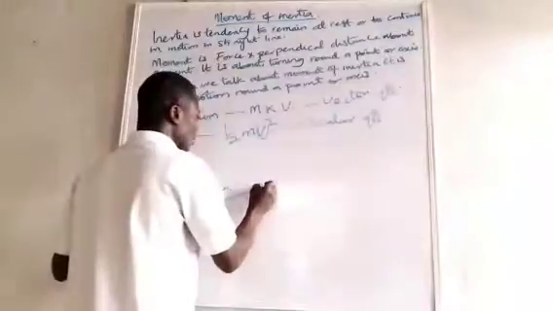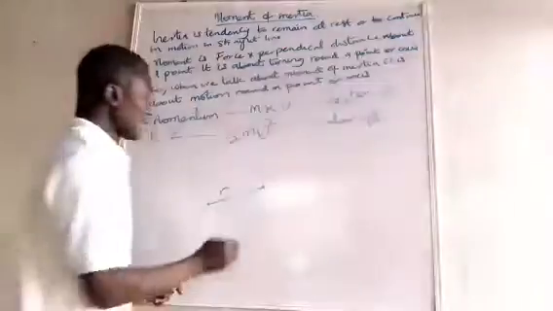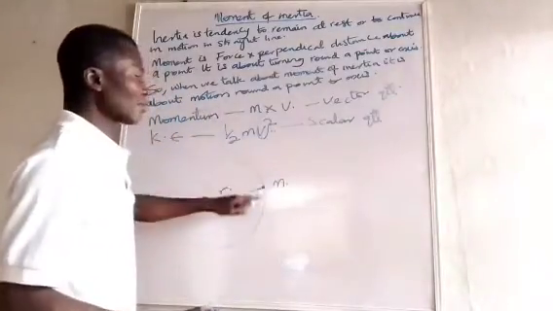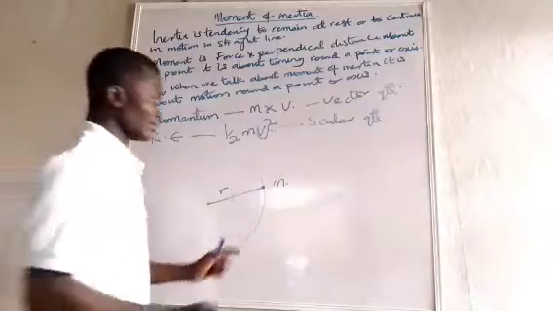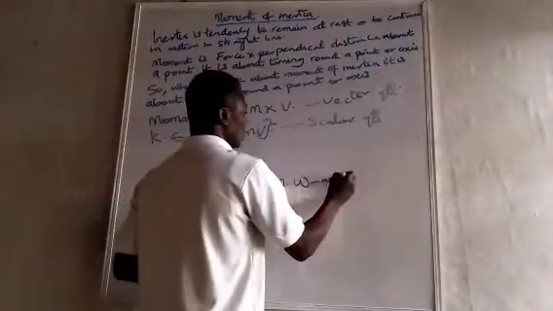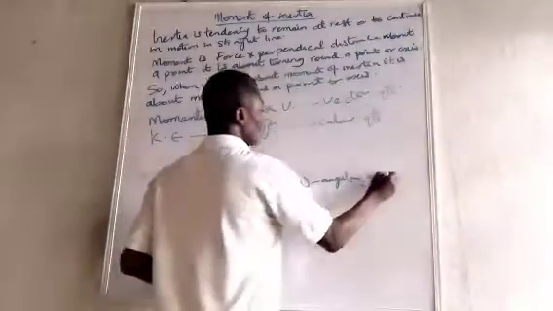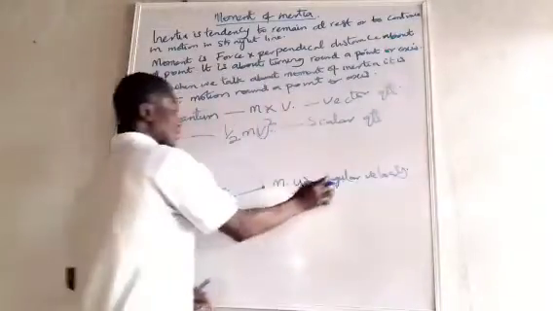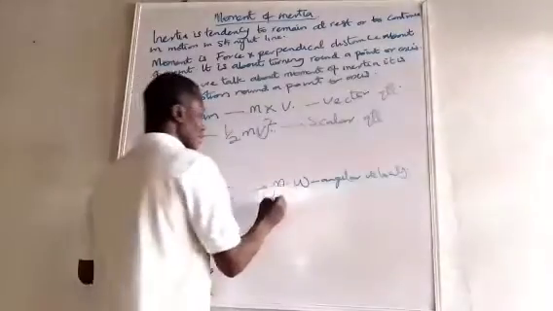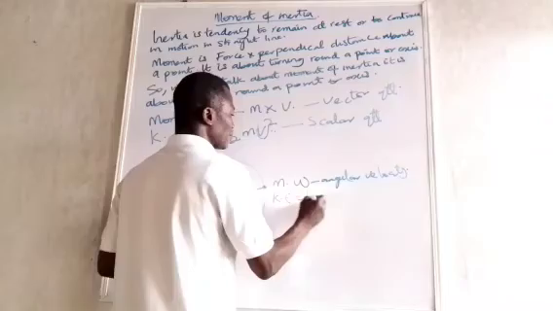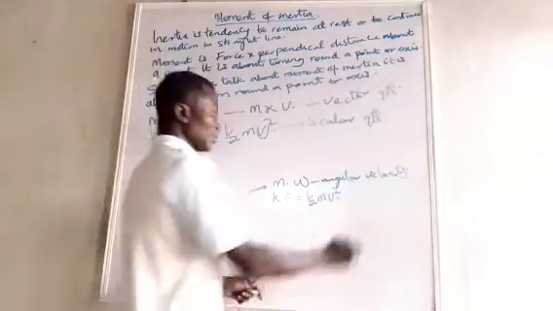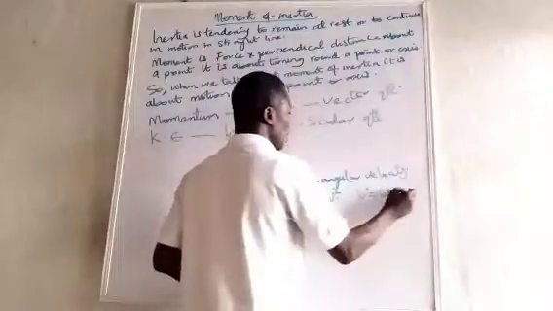Let's now talk about this particle here with mass m, and the angular velocity is omega. So the kinetic energy of this tiny mass, KE, is equal to half mv squared. Before you go on, v equals omega r.